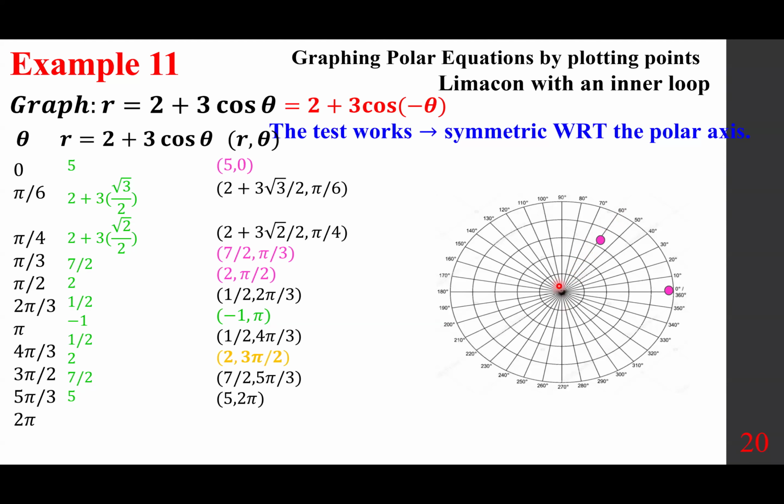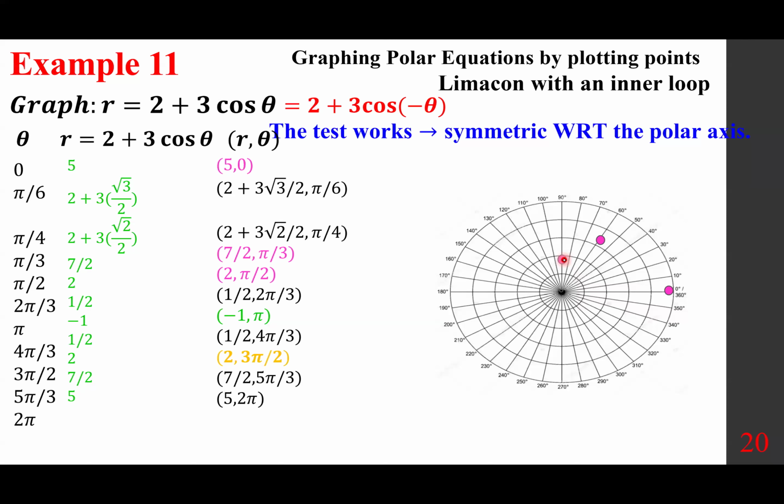2, pi over 2, so up here, 90 degrees, 2. When I say tick mark, 1 circle, and this is the second circle. The first circle, the radius is 1, the second one is 2. So we are up here.